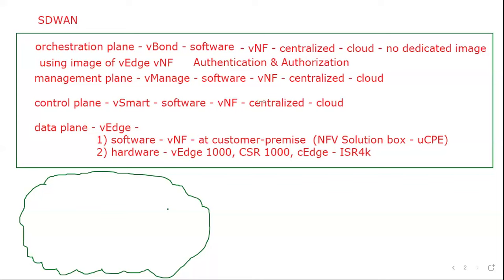Now, when we talk about these components, some of them are hosted centrally. Let's take an example that they are hosted over the cloud, but the cloud is also not available in one particular location. Let's take an example that this is an AWS cloud. This AWS cloud will have its cloud-based data centers.